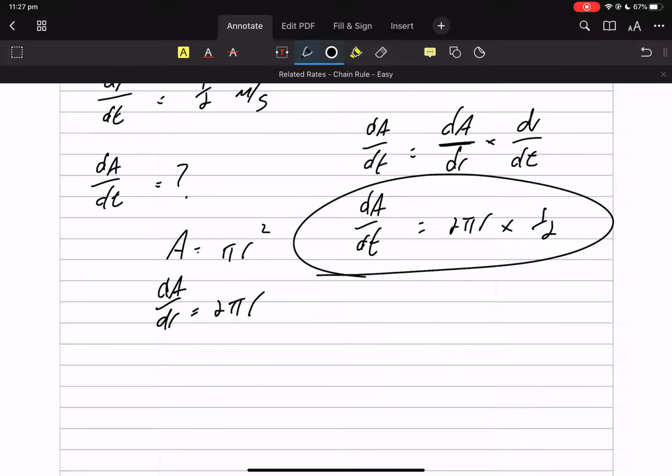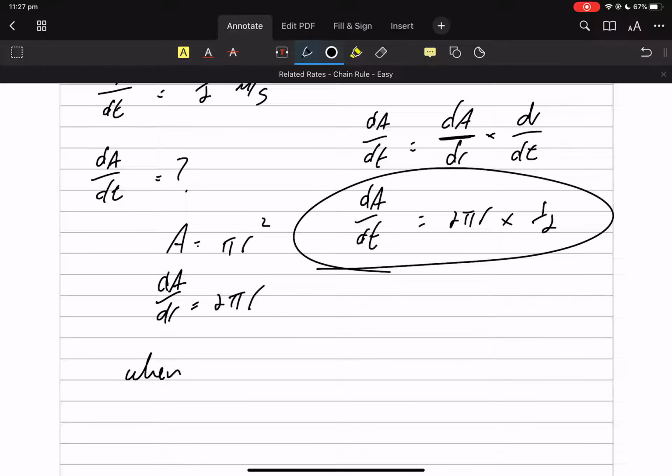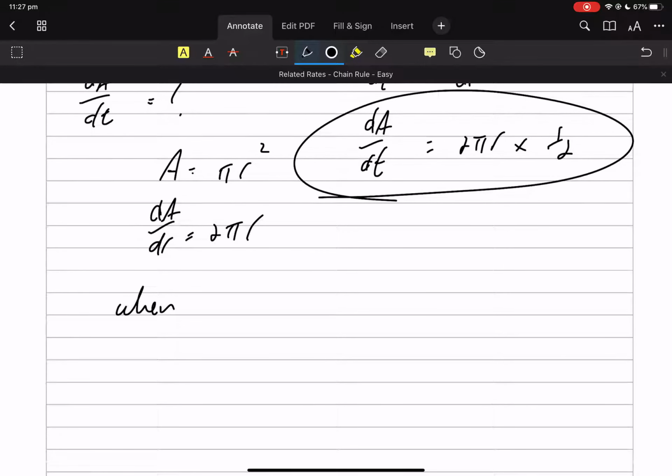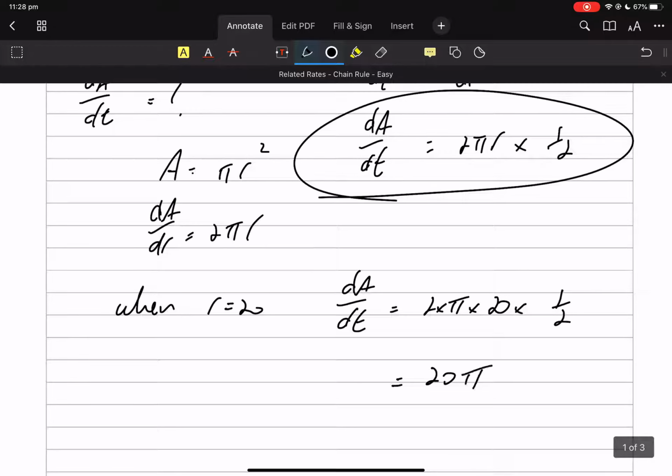So we're going to use that and go, when the radius is 20, there we go. So that will be 20 pi. And we're talking about an area, so that's metres squared per second. That's how fast the area is changing when the radius is 20.